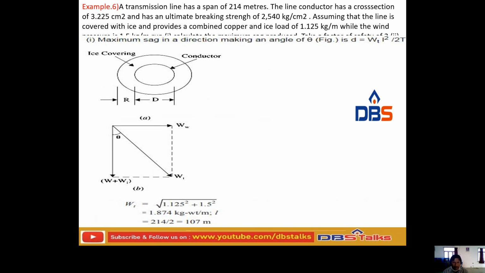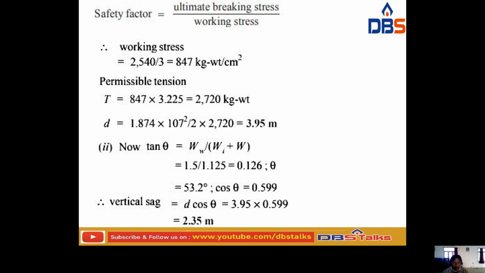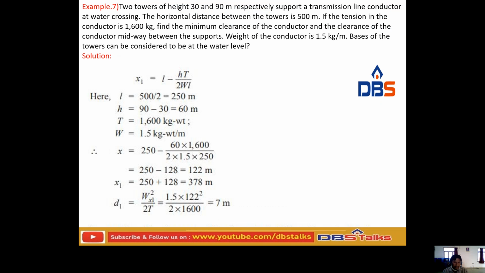Similarly, another problem. This is also the same problem, with 30 meters and 90 meters. X2 is equal to L by 2 minus HT by 2 omega L, and x is equal to 250 minus 60 into, that is because 90 minus 30, that is the 60 H. Tension is equal to 1600 kg.